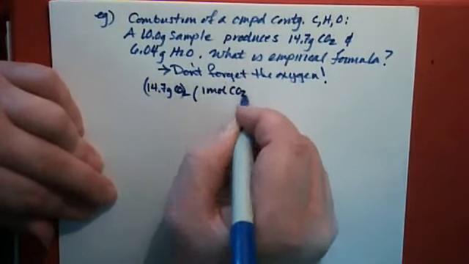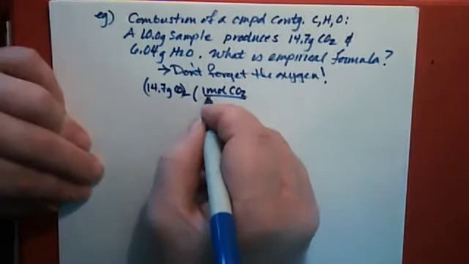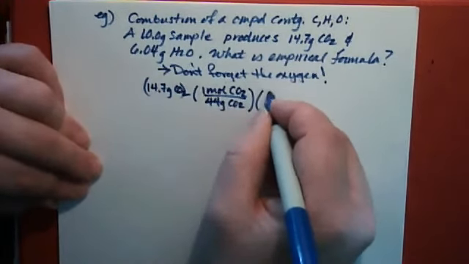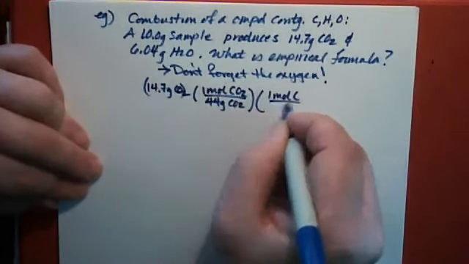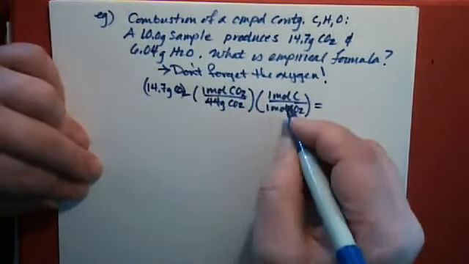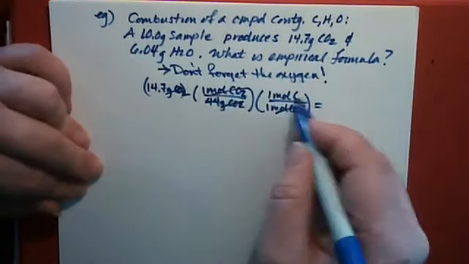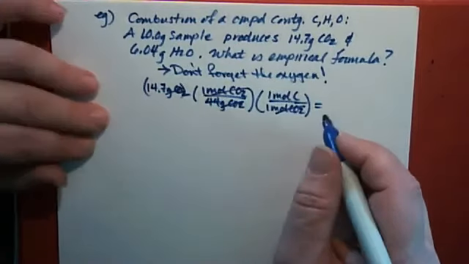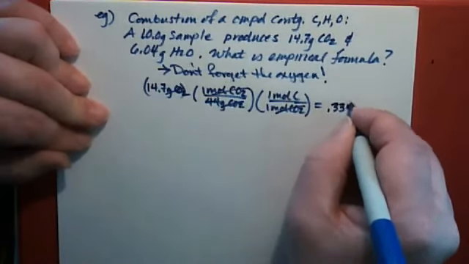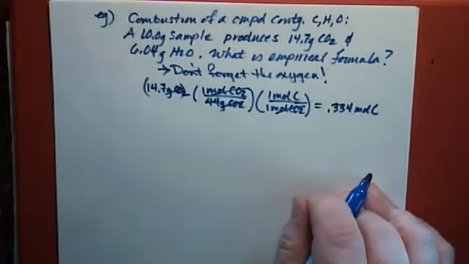So if you find out how many moles of CO2 you've got, you find out how many moles of carbon were in the original compound. I'm going to write the 1/1 just to make it official. Notice that grams of carbon dioxide cancel and moles of carbon dioxide cancel, and we get moles of carbon. And so we have 0.334 moles of carbon.